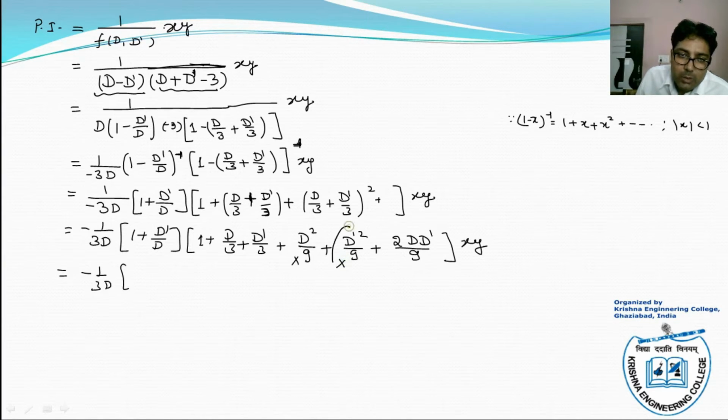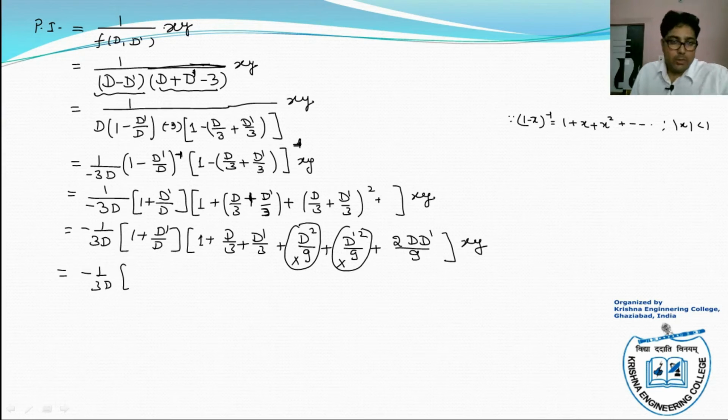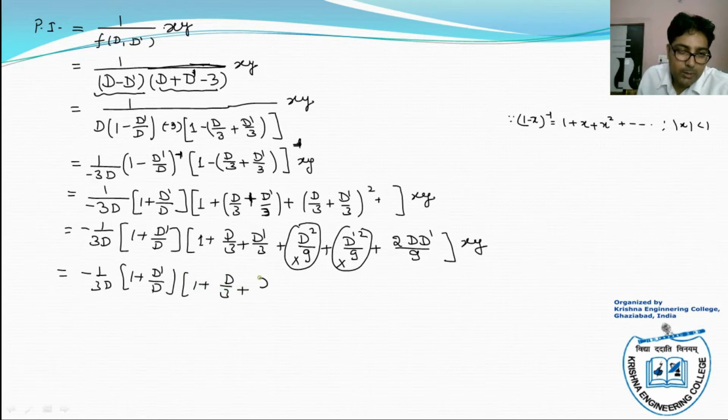So this is not here and this is not here, because both derivatives have the degree 2, but here x and y have the degree 1 only. So we cancel out these. So we get 1 plus D dash upon D, 1 plus D by 3 plus D dash by 3 plus 2DD dash by 9, xy.